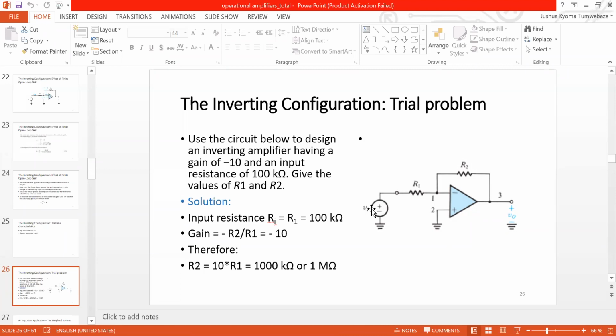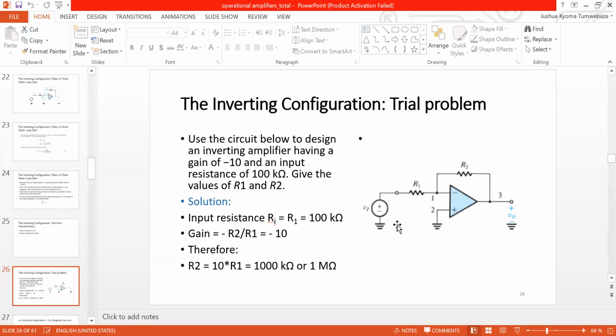So we are adding VI to our amplifier. We want to determine the input resistance of this amplifier. If you can see the cursor, your input voltage would be at the left terminal of R1.